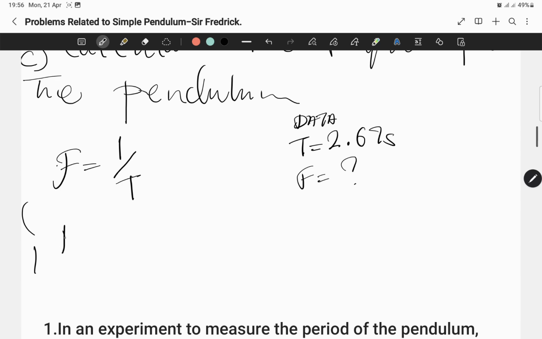So frequency is equal to 1 over 2.67 seconds. What do we have? If you punch that into your calculator, it is giving me frequency is equal to 0.37 hertz.